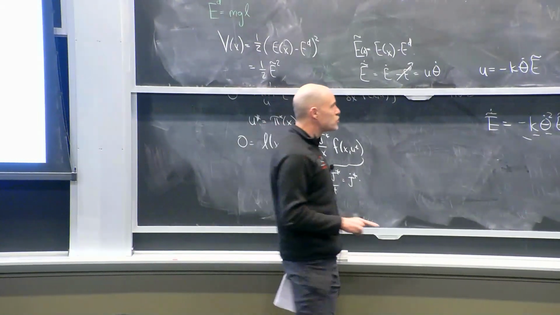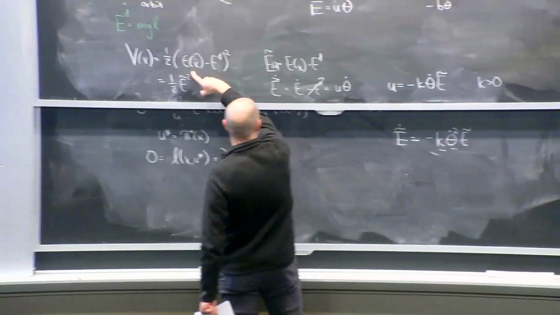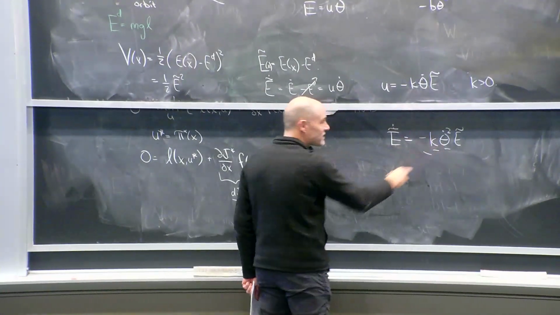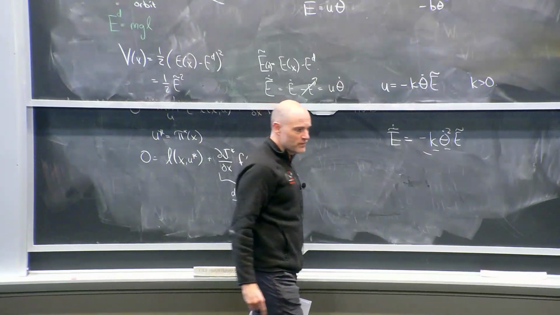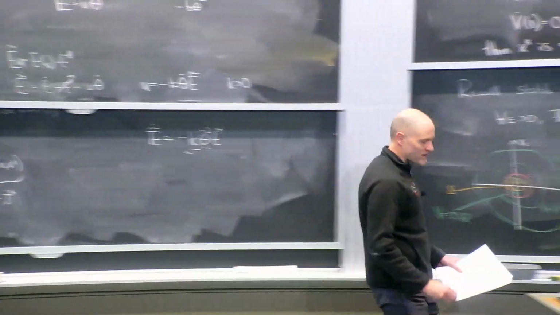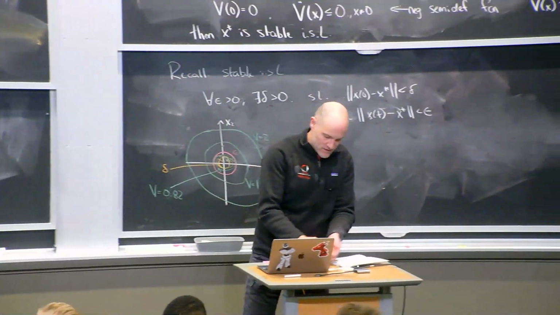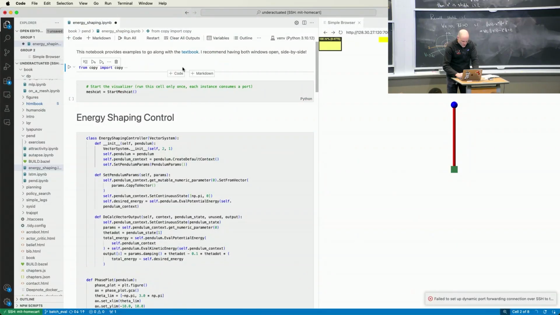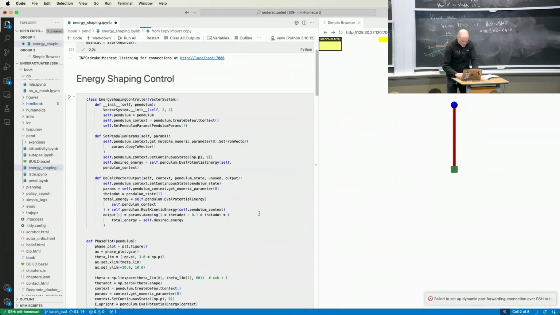So by just proposing a Lyapunov candidate, and then proposing a controller that makes its derivative clearly negative, I can come up with very elegant, simple controllers that can achieve complicated things. It's a few lines of code.